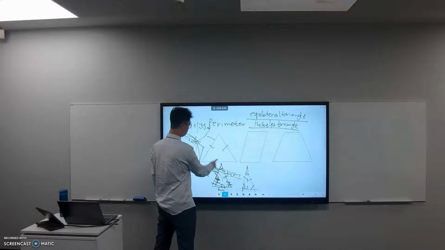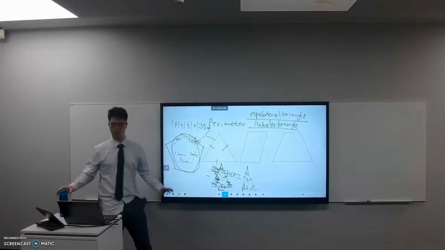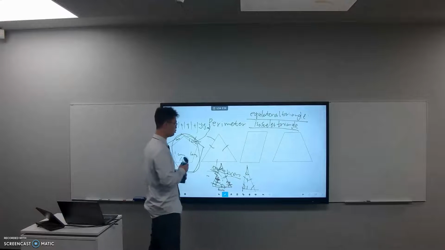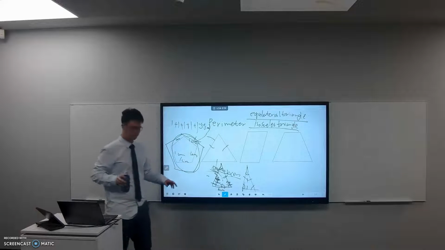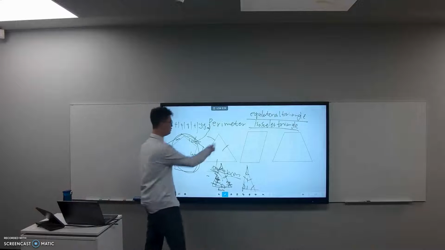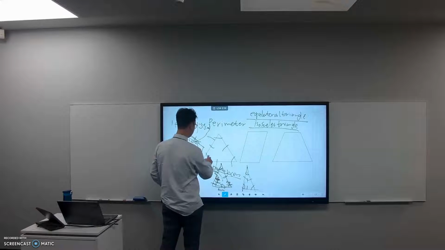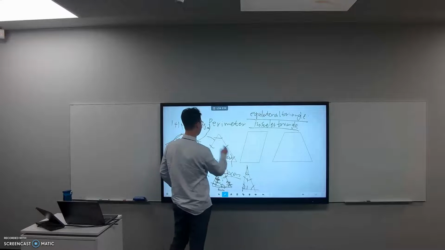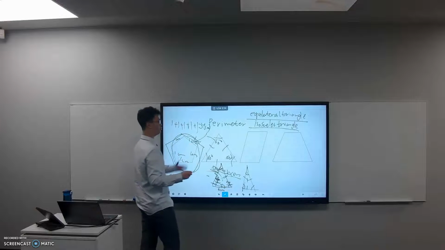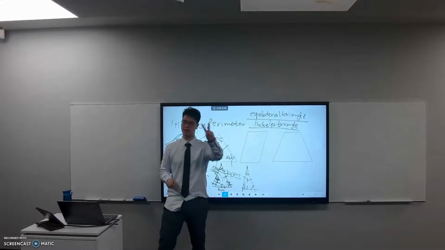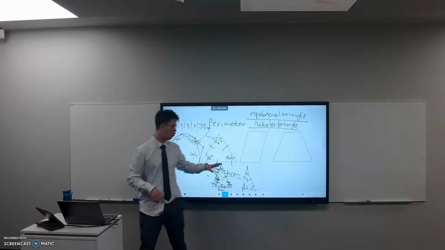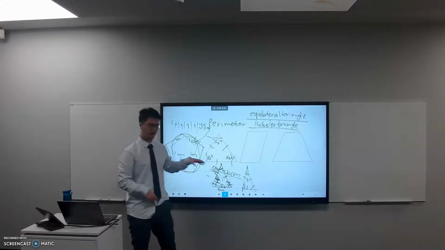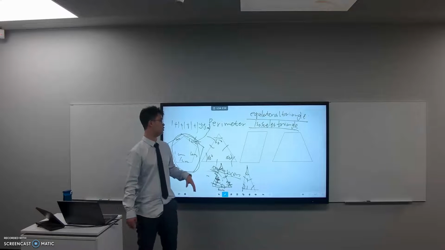So these three sides must be the same, or all of these three angles are 60 degrees, and it is still an equilateral triangle. So an equilateral triangle has two characteristics: whether all three sides are equal or all three angles are equal.